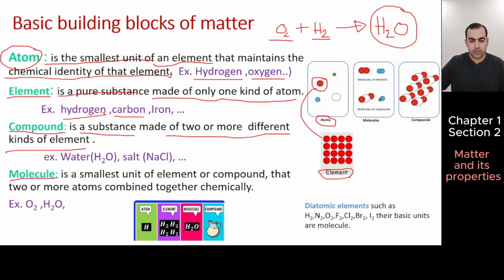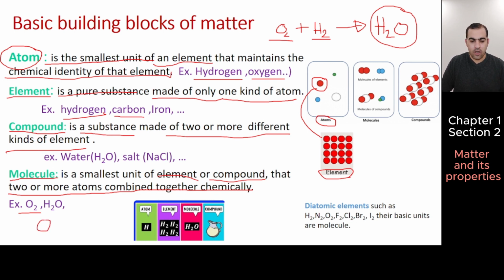What is a molecule? It is the smallest unit of an element or compound in which two or more atoms combine together chemically. Generally, when two or more, same or different atoms bond together, they produce a molecule. A molecule is made of atoms. For example, O2 is a molecule, made of two oxygens.